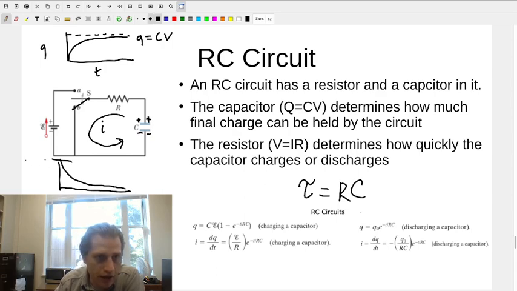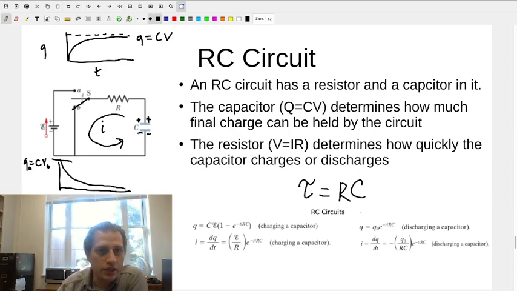You start at some Q equals C times V at the beginning, and that would be your Q naught, and then you discharge and you get smaller and smaller amounts of charge as that current flows through the resistor.